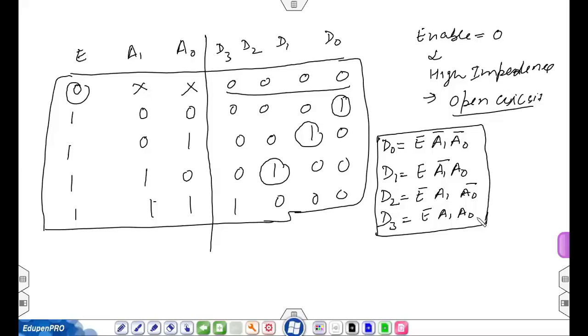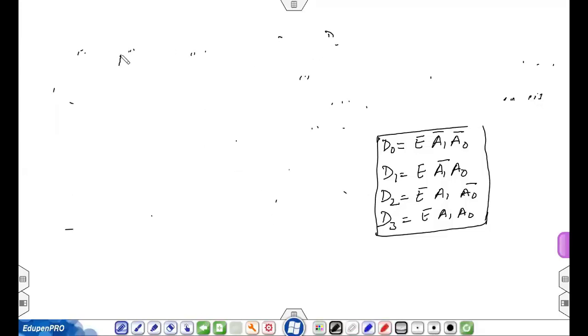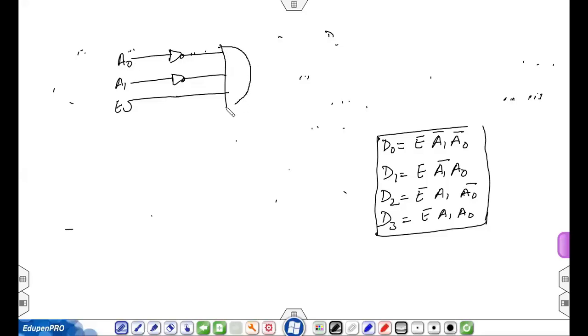After doing that, you have to design a logic diagram. Suppose A0 is your input, A1 is your input, E is your input. One input is enable and the others are A1 complement and A0 complement. You take an AND gate between them and the output is D0. Again you have E, A1 complement and A0, which gives D1.